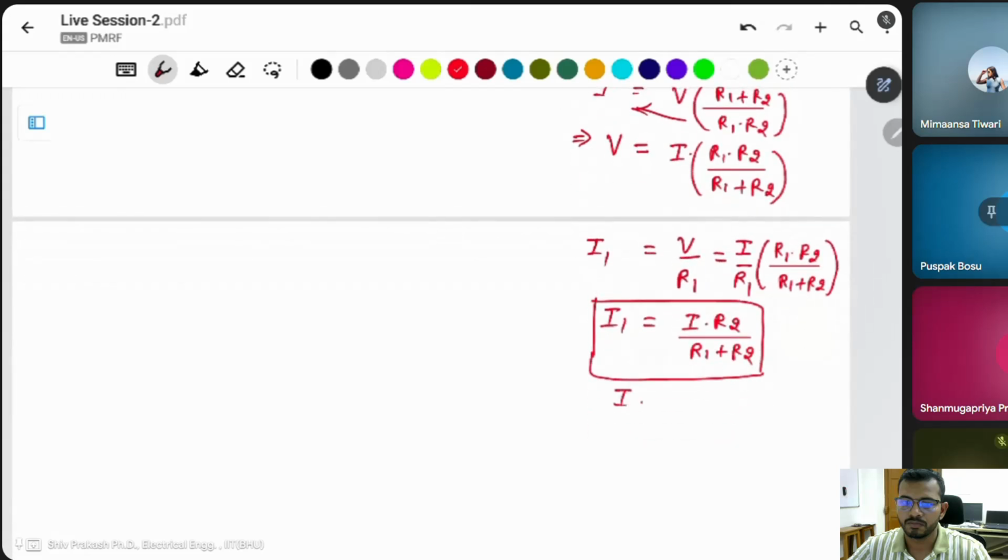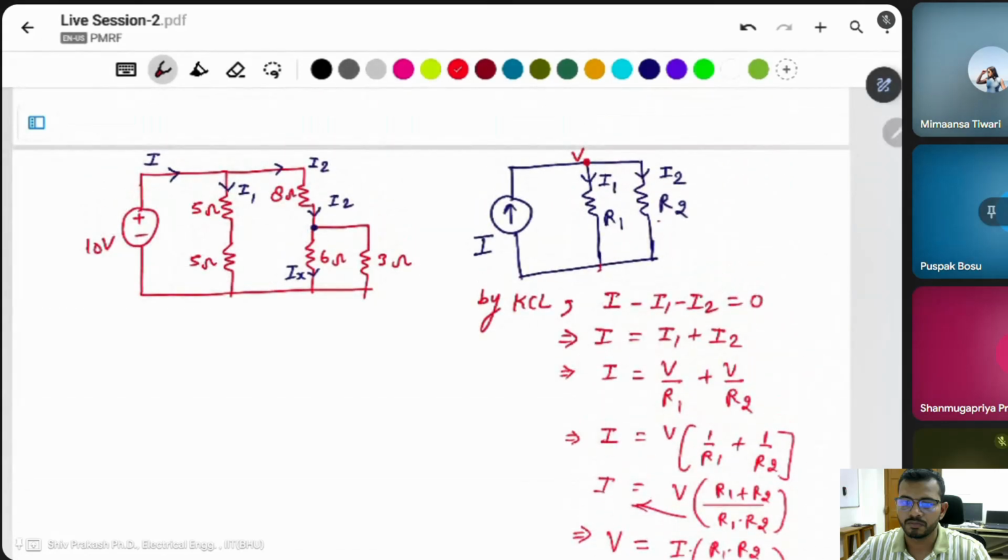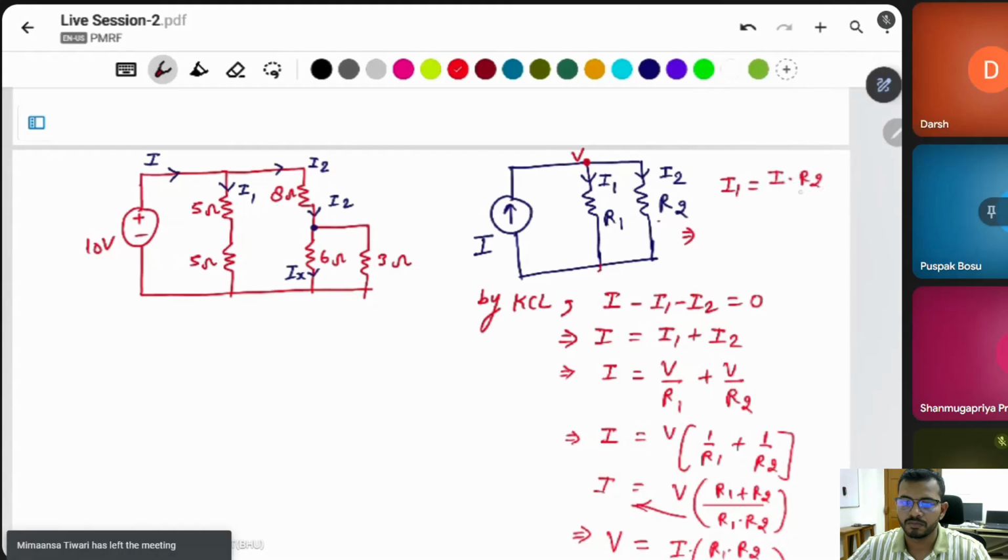Same thing, I2 is V by R2. R2 will be cancelled out, then I into R1 divided by R1 plus R2. For I1 and I2, we observe that I1 is equal to total current I into R2 divided by R1 plus R2.